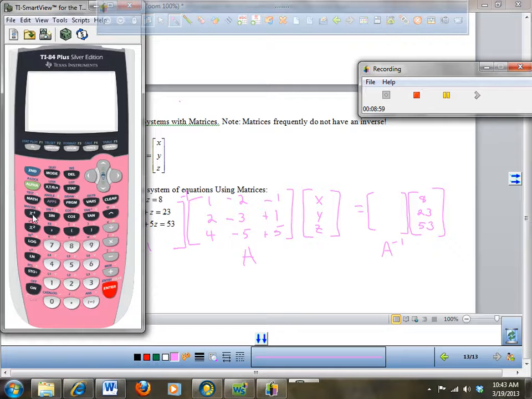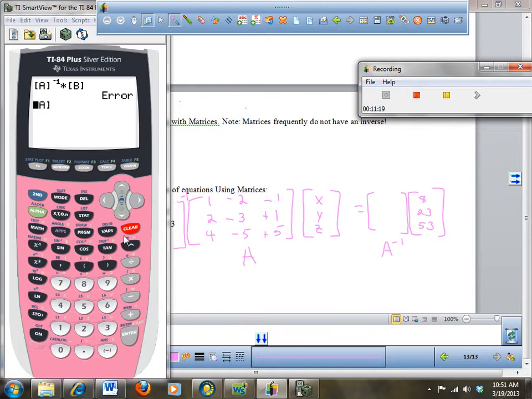The way you get the inverse is I just hit that x to the -1 button, okay, times matrix B. So I'm going to go second matrix B, which is down here at 2, okay, and what has to happen with a matrix, if this is a 3 by 3 and this is a 3 by 1, the number of columns in this one has to match the rows in this one, otherwise you're going to get an error. And then if you hit enter, you get singular math error.